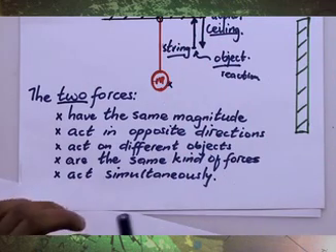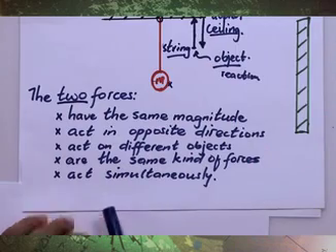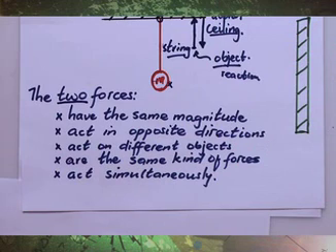Like I was explaining, if we're talking gravitational forces, it must be gravitational forces; electrostatic forces, electrostatic forces. You can't have electrostatic and gravitational being action-reaction pairs. And lastly, and very important, these two forces act simultaneously. That is very important to note.